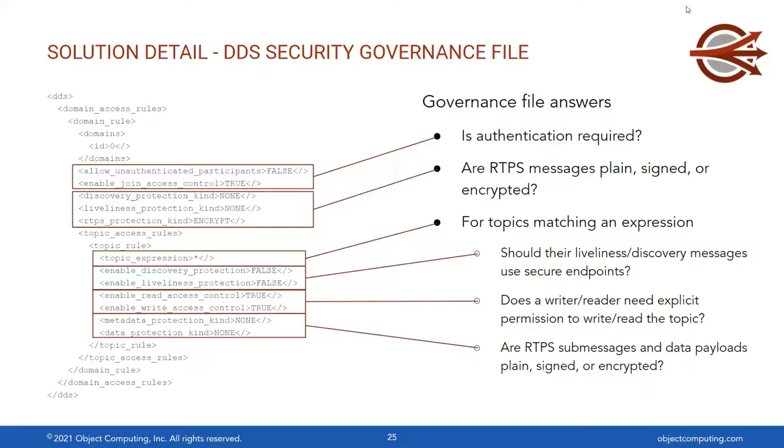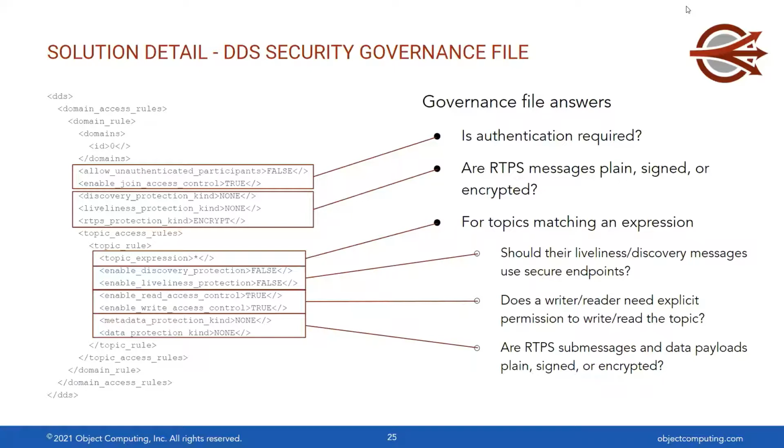below the RTPS level, we can then start thinking about various topics. These topics are written in the form of a wildcard, so you can apply rules to a broad range of topics to avoid repeating rules. But the basic things you're configuring there are: should liveliness and discovery messages use secure endpoints? Does a reader or writer need explicit permission to write and read the topic?